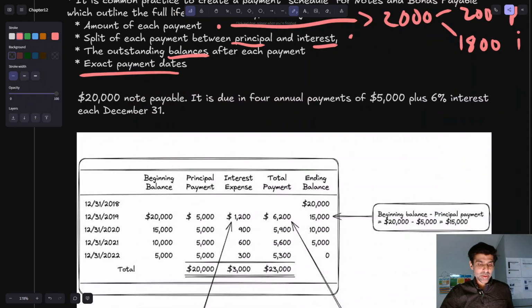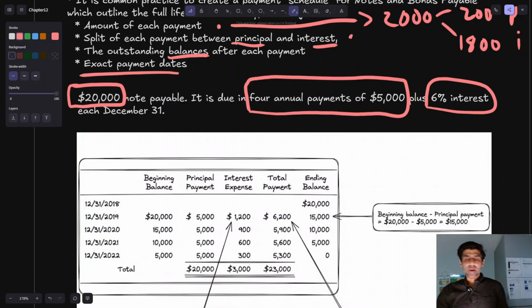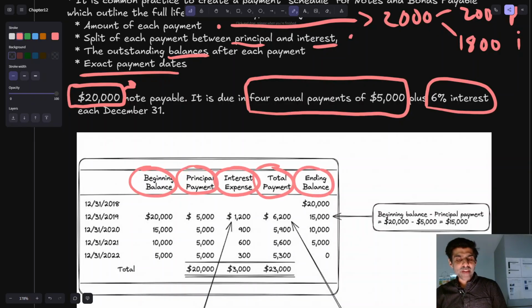Okay, so an example, if we have a $20,000 note payable, it's due in 4 annual payments of 5,000 plus 6% interest, okay? So we're going to pay off this principal in equal increments, and we're also going to pay interest. So you can see here in this table, we have beginning balance, how much is principal, how much is interest, how much the total payment is, and after that payment, what is the ending balance?